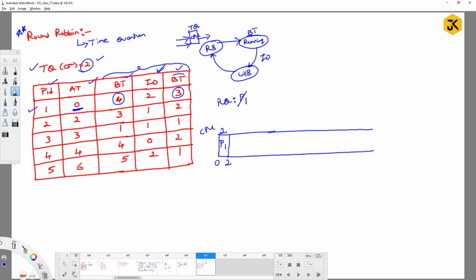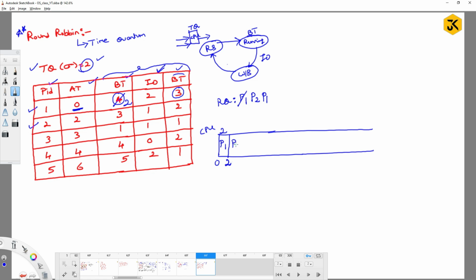By the completion of 2 units, what processes are available? One will be P2; before the completion of P1's slice, P2 has arrived in the ready queue. Now, once P1 completes at 2 units of time, it is added to the ready queue again. As P1 is done with 2 units, it is left with 2 units of time.